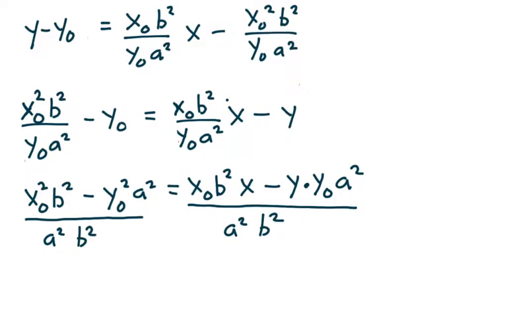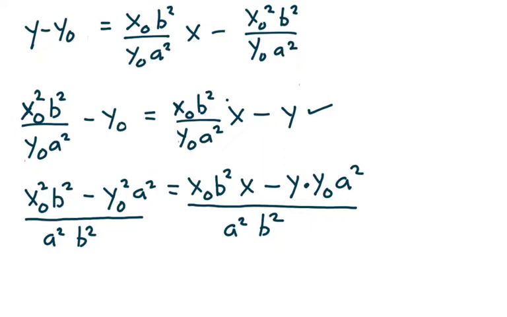Now, I'm going to collect the constants together and then the variable terms together. So, in other words, on this line here, I get x naught b squared over y naught a squared minus y naught is the same as x naught b squared over y naught a squared times x minus y.